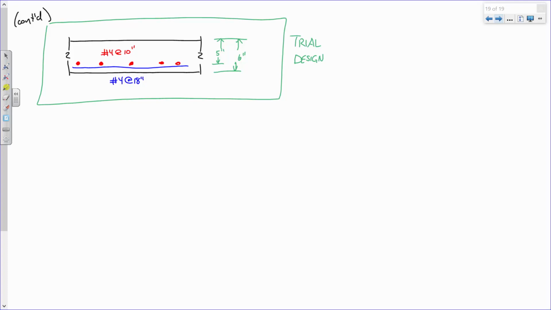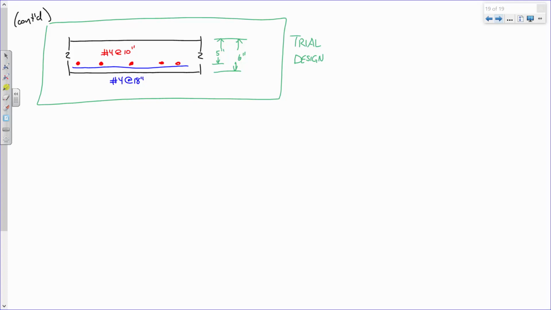One of the things I'll tell you with slab designs is that your efficiencies tend to be really high, like 98%, 99%. Because of the nature of the problem, usually you're fine with verifying your assumptions, but checking ACI requirements on steel and whatnot is probably not a bad idea. And that's how you design slabs.